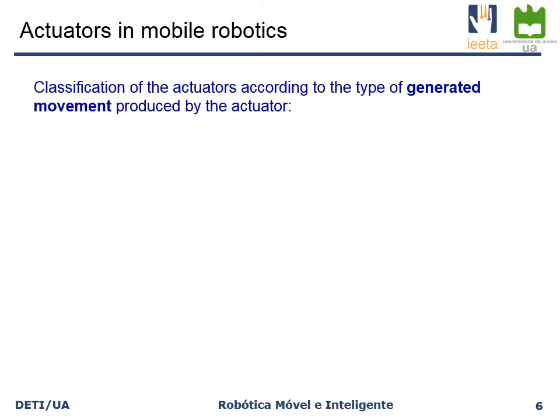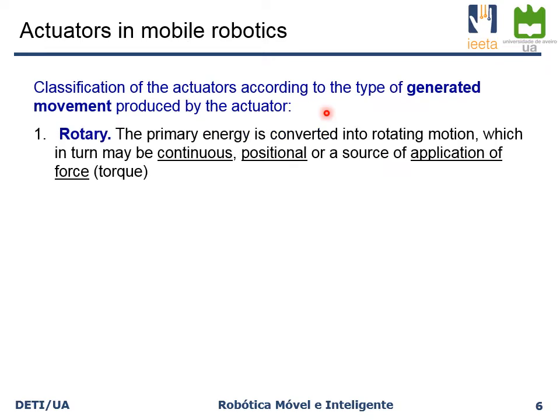On the other hand, we also said that we can classify actuators according to the type of generated movement produced by the actuators, and here we can consider basically two types of movements. Rotary movement, which means that the primary energy is converted into a rotation motion, which in turn may be continuous, which is, for instance, the case of the robots in the micro mouse environment.